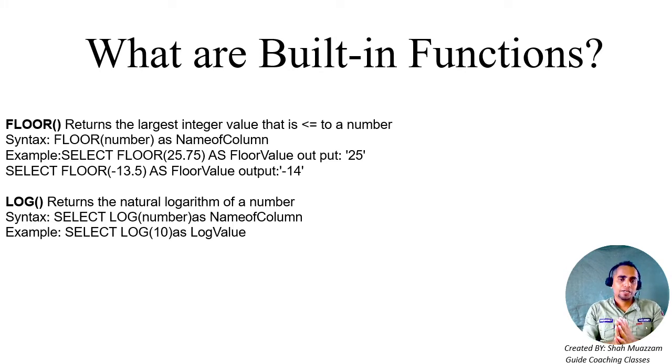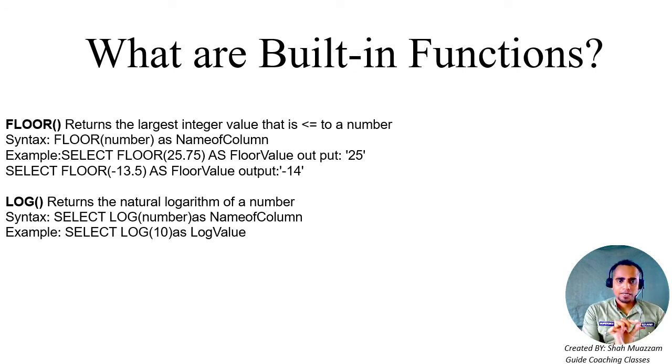Okay, least value. Now moving on to our next function, that is log. Log is a logarithmic function which is used to get any number's logarithmic value. How will it be used? The use is very simple.